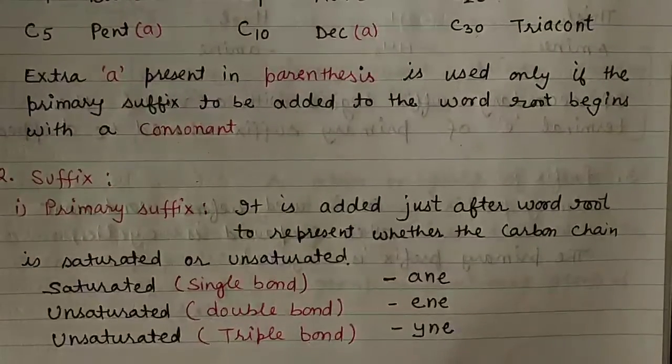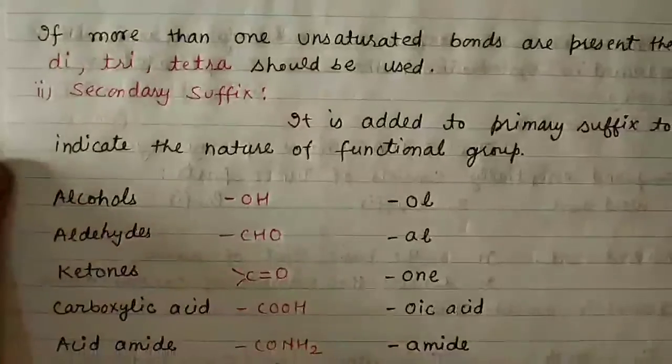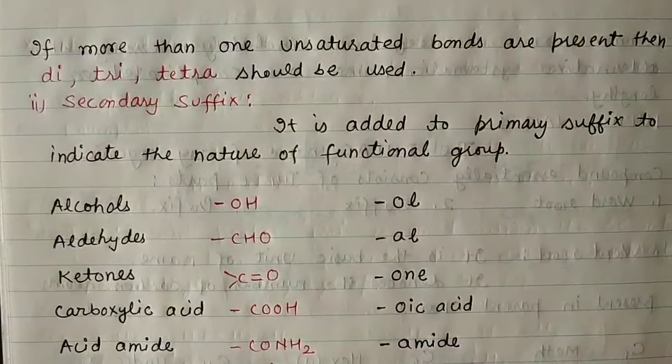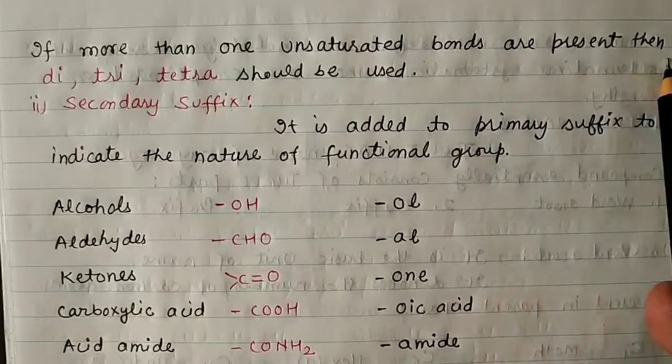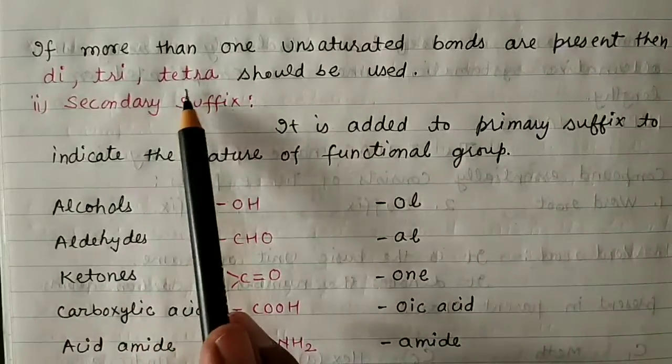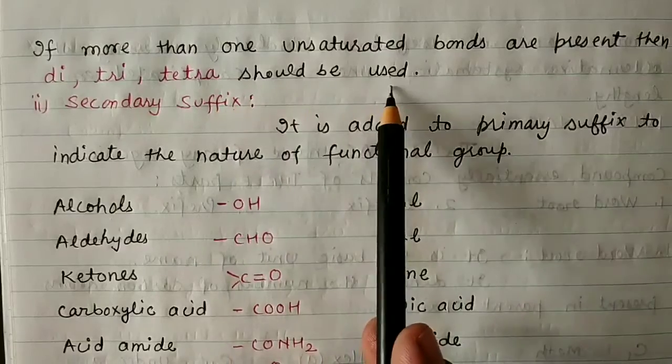These are the primary suffixes. Now, if more than one unsaturated bond is present, then di, tri, tetra should be used.